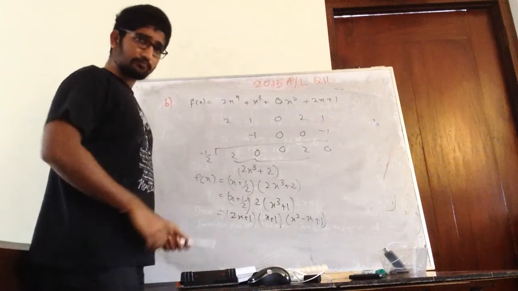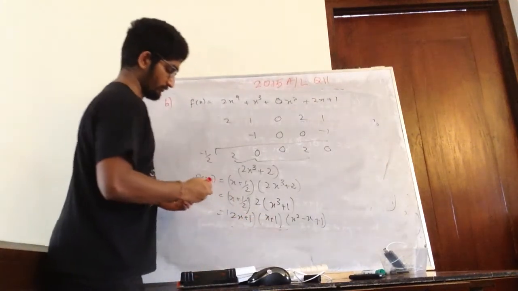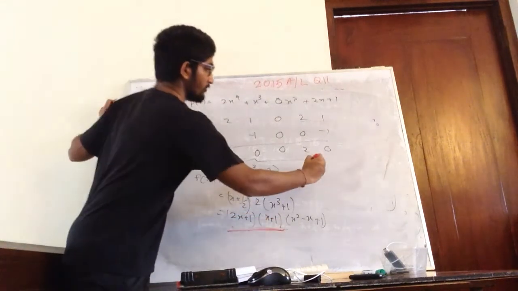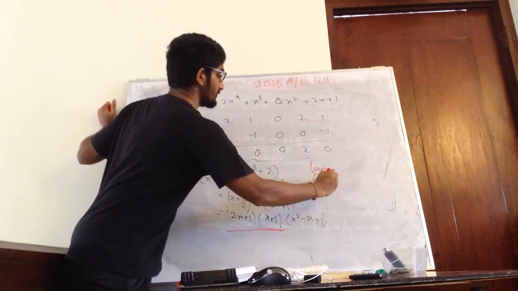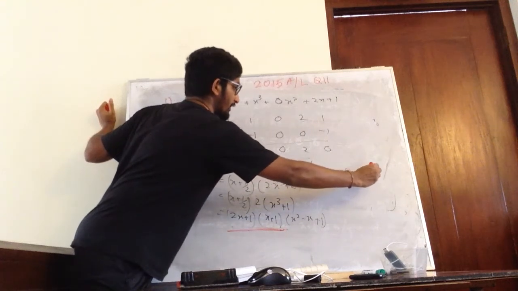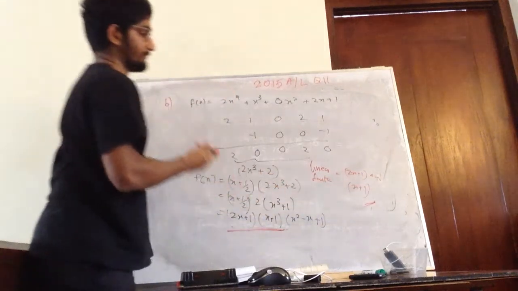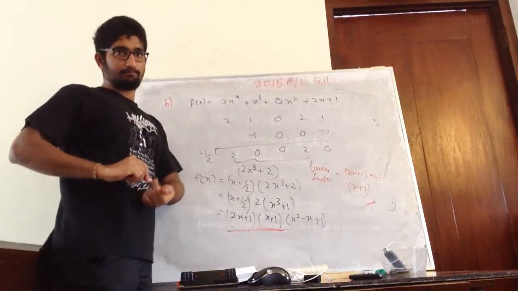So now these two are the linear factors: 2x plus 1 and x plus 1. Right, so these are linear.